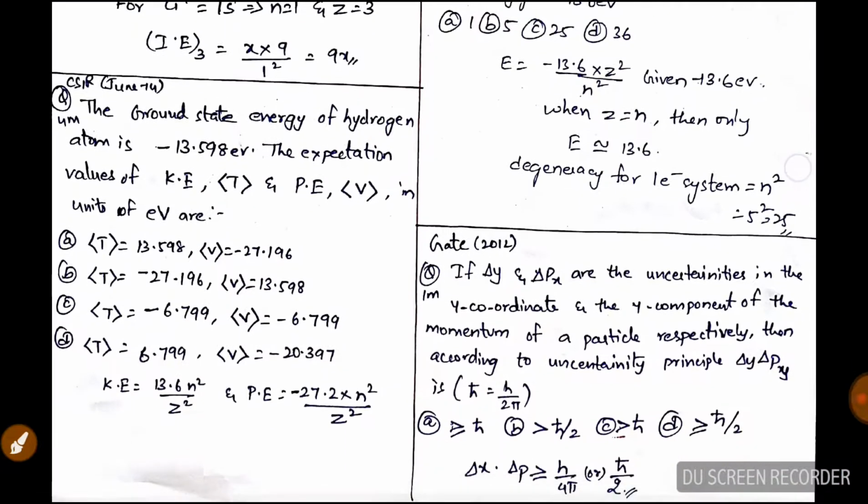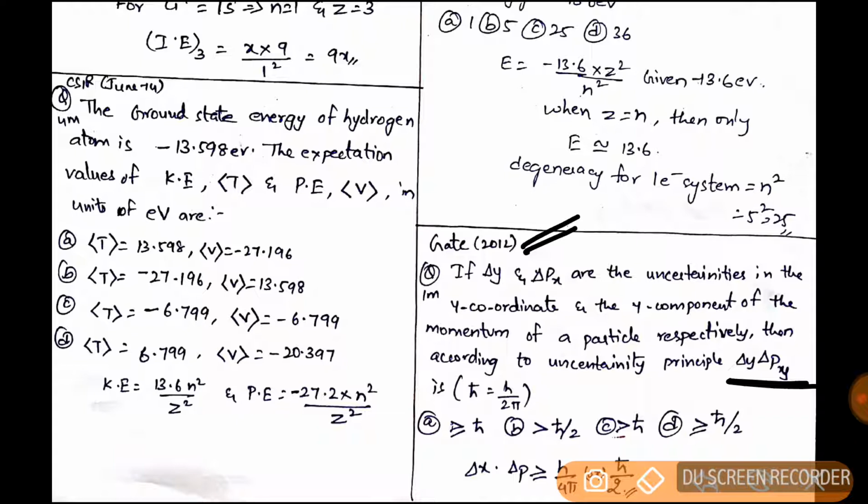And this is a GATE question, guys, a direct GATE question. See, I've told you this h-bar, so I guess you remember this. So let's get into this question. This is a GATE 2012 question. If delta y and delta py are the uncertainties in y coordinate and the y component of the momentum of a particle respectively, then according to the uncertainty principle, delta y into delta py is.